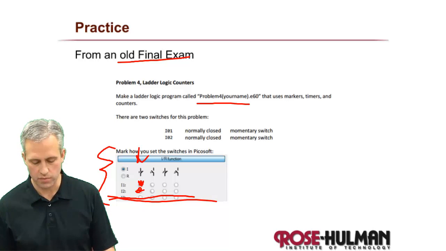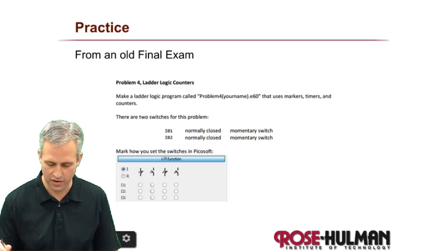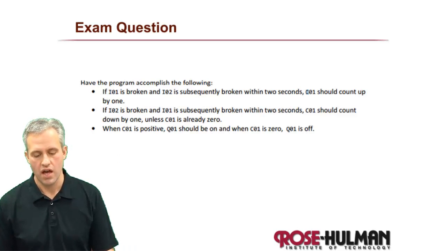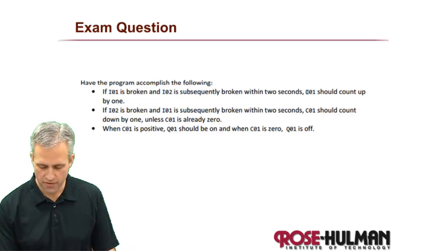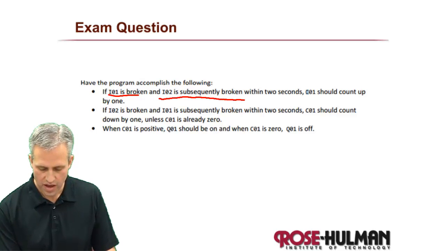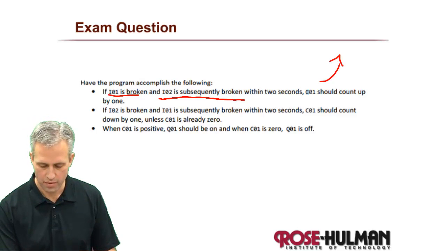All right, so that was question number 1. When we start writing this in PicoSoft, we'll apply it there. That was just the setup. Don't worry, the problem's not over. The actual problem statement was this: if I1 becomes broken, and then within 2 seconds, I2 becomes broken, then you should count up by 1.